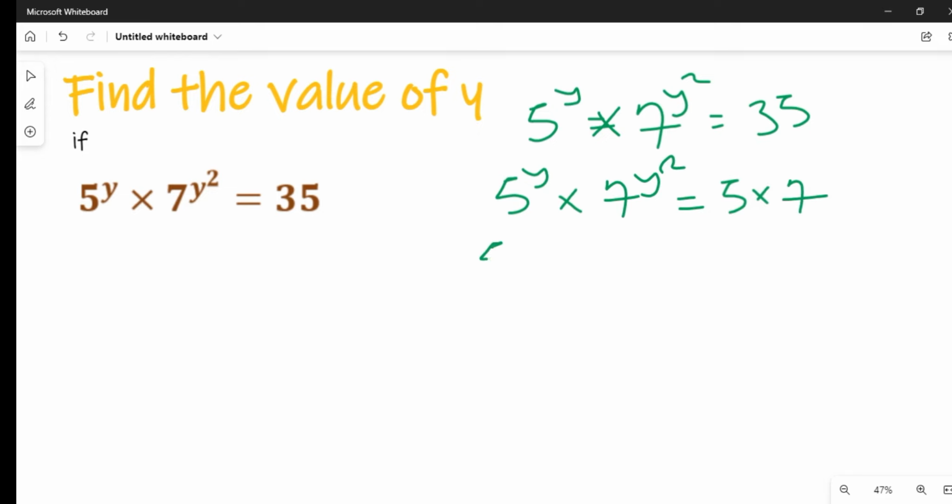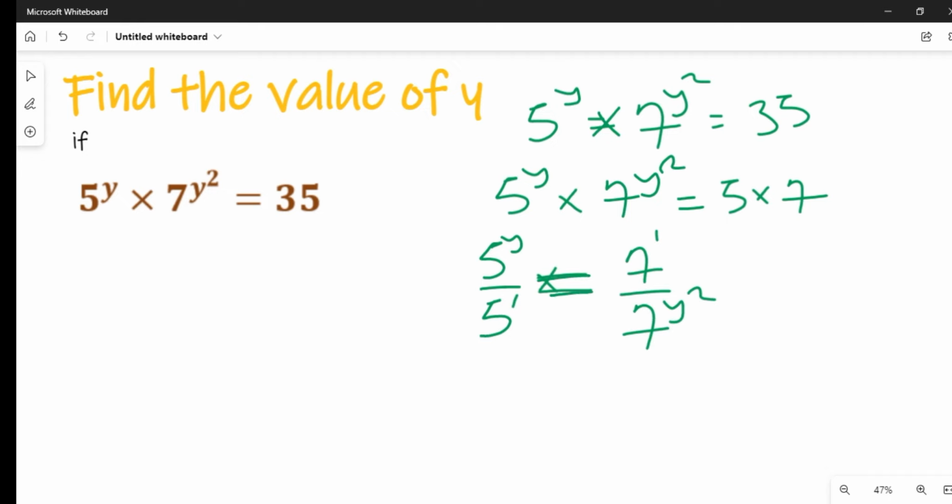So we'll have 5 raised to power y over 5 equal to 7 raised to power 1 all over 7 raised to power y squared. Remember, this is 5 raised to power 1 and this is also 7 raised to power 1.